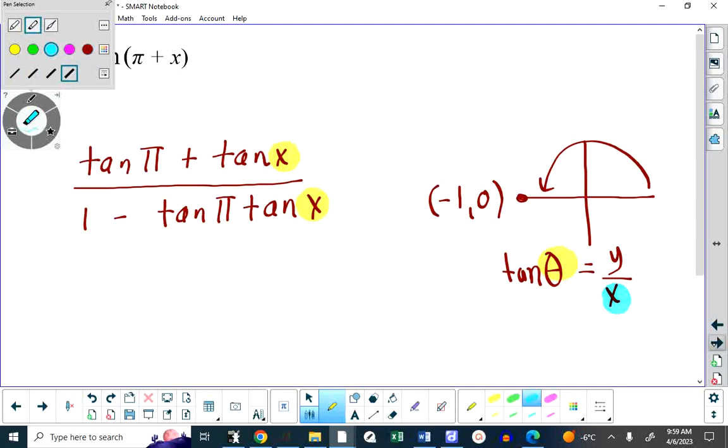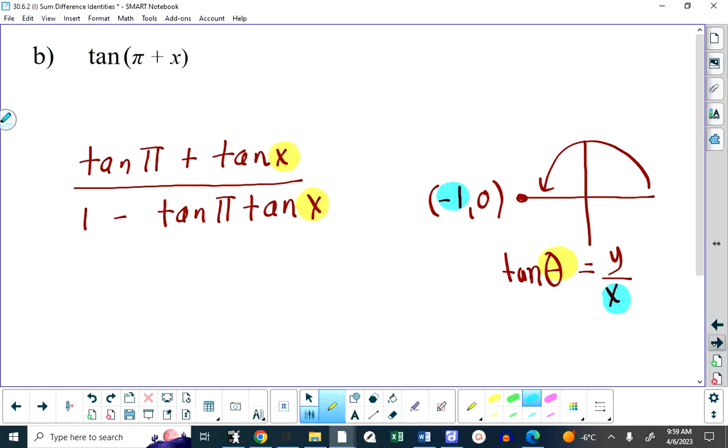This x refers to this number, right? So in tan of x on the left-hand side, x is the rotation angle. So what is the tangent of pi? Well, it's y, which is 0, over x, which is -1.